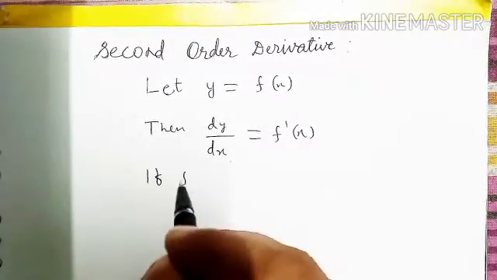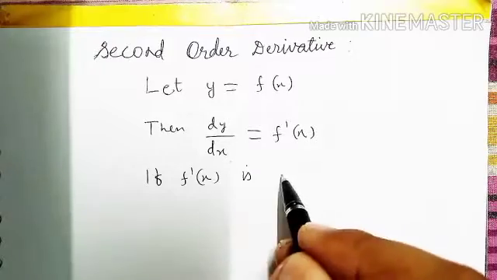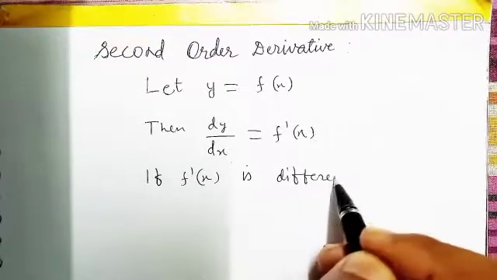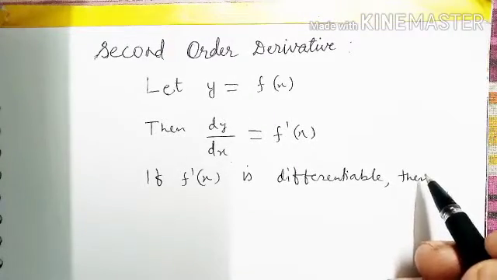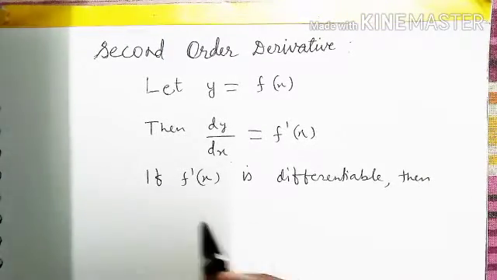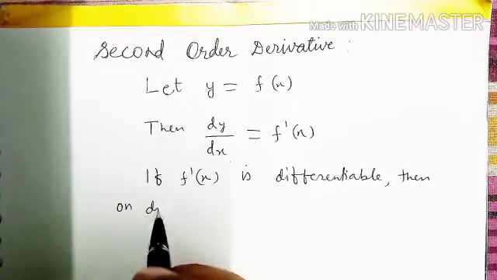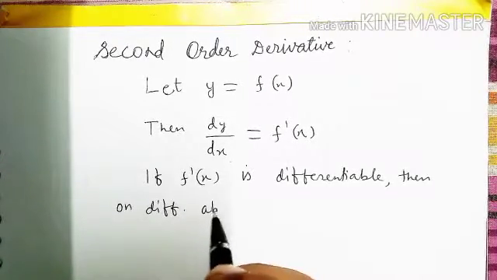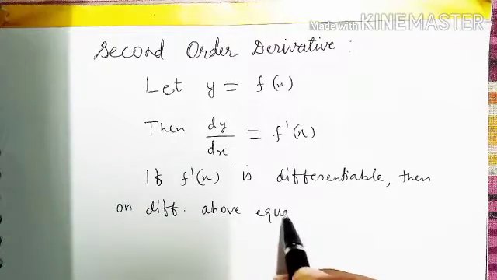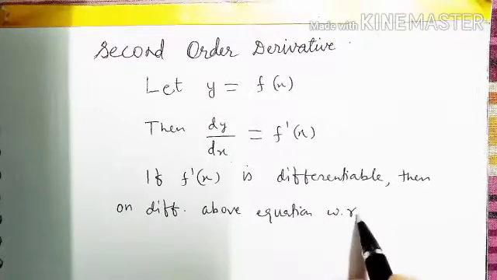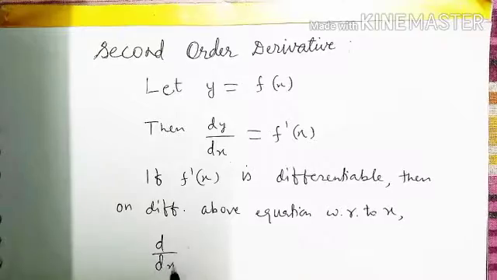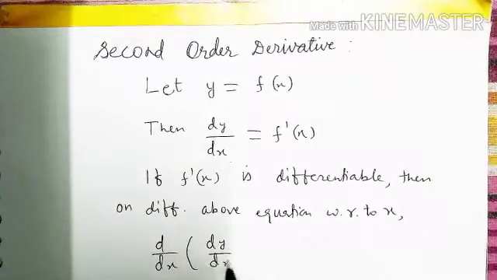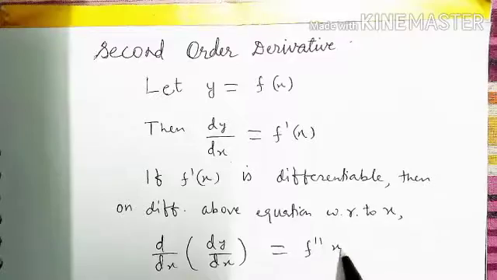If f dash x is differentiable, then on differentiating the above equation with respect to x, d by dx of dy by dx is equal to f double dash x.